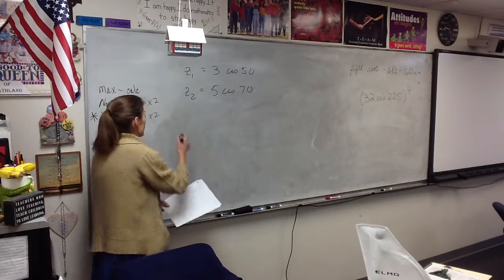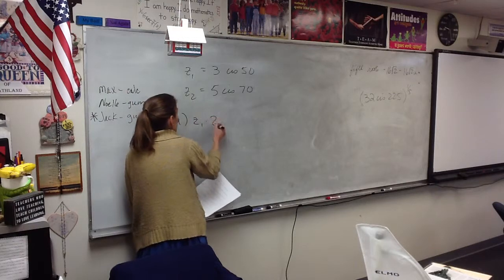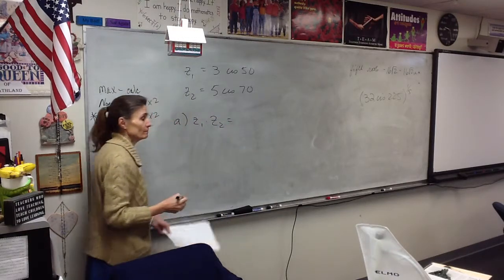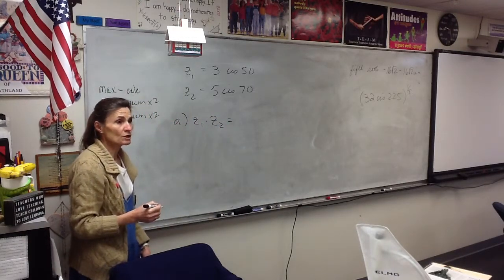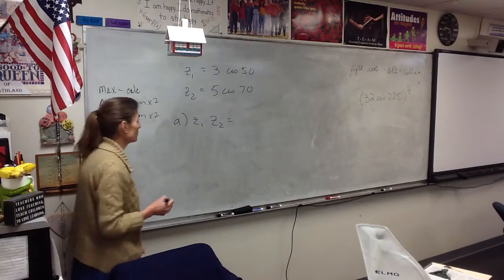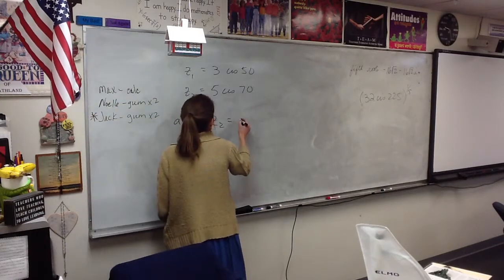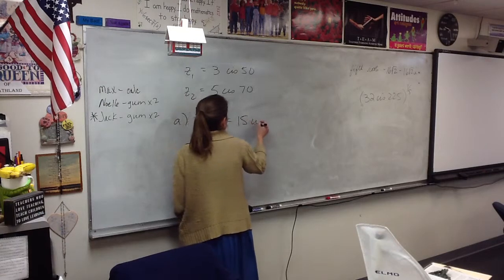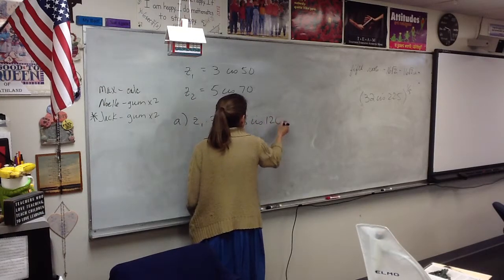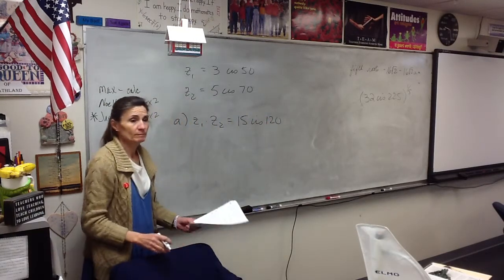And we're asked several things. We're asked to multiply them. Okay, that's not hard. We learned this yesterday. How do we multiply them? 15 CIS. Add them up. 120. Add them up. That's right.